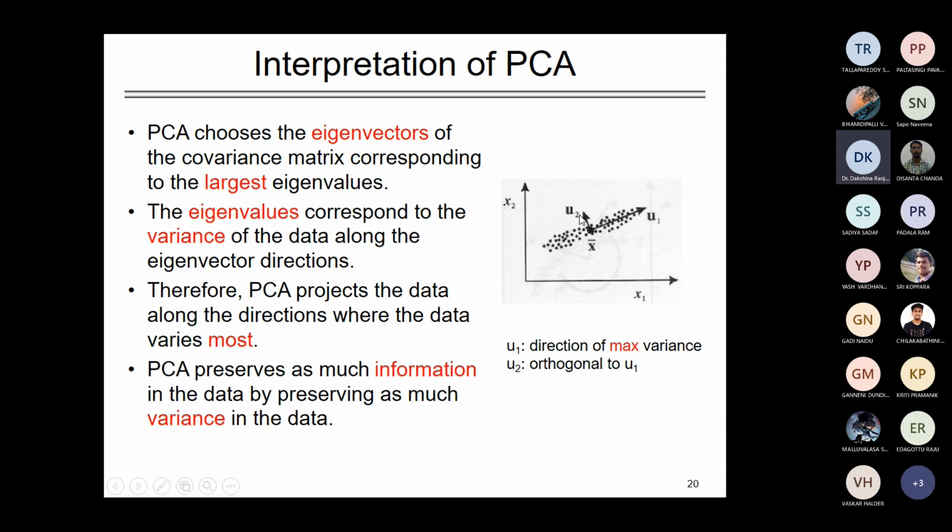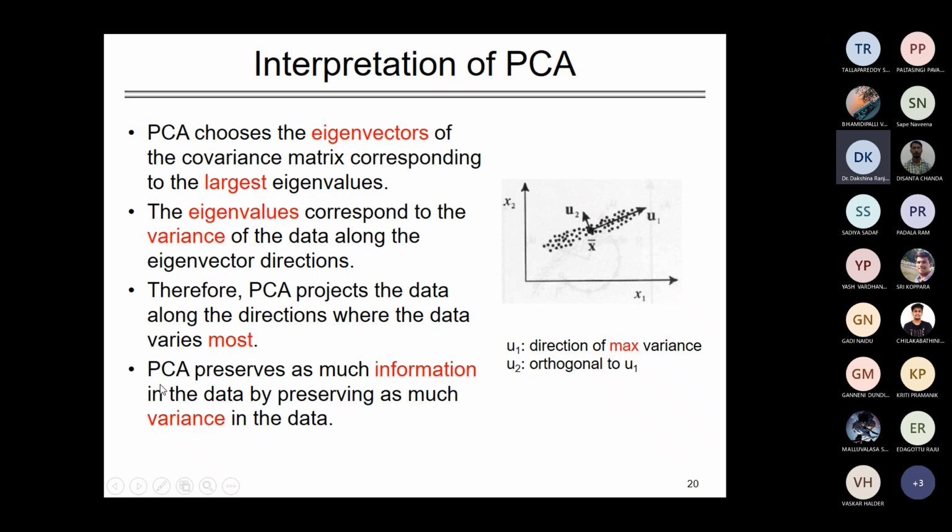But if we consider the u2 direction, then in this direction we also get another principal component, that is principal component 2, but along this direction we do not get the data which varies most. Okay, so either we can consider both the principal components for further computation, but if we consider principal component 1 along the u1 direction, this will be justified to get the data to be varied most.